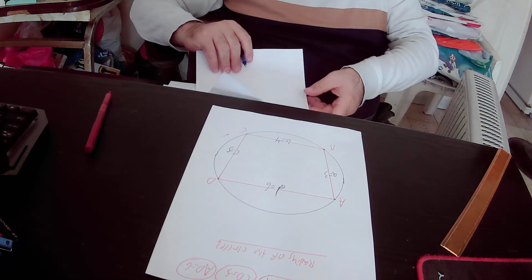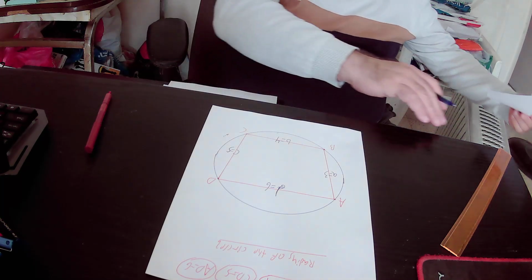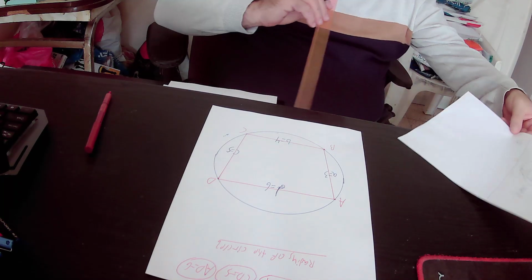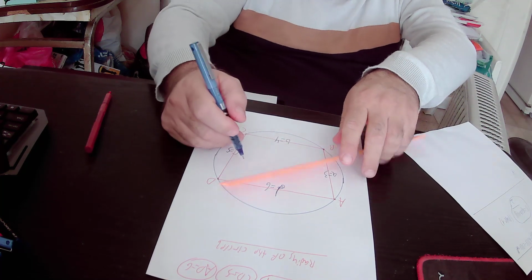According to rule number 2, quadrilateral ABCD has 2 diagonals.